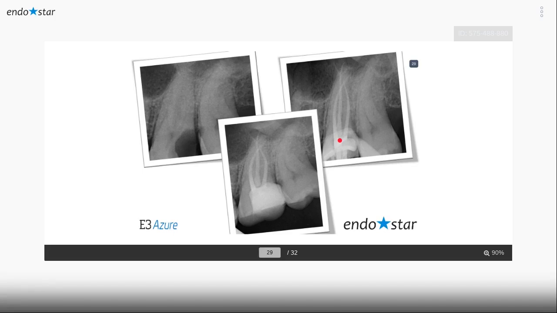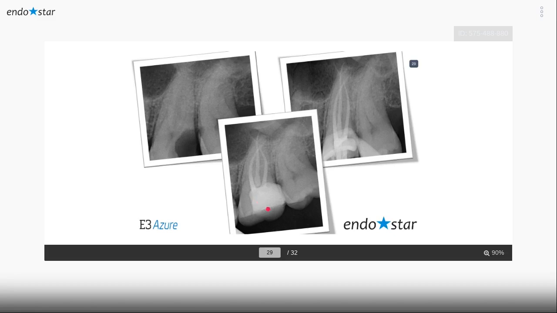The sodium hypochlorite becomes very effective when you change the freshness of the sodium hypochlorite inside your canal. I don't leave it for a long time, 15 minutes, and not change. No, I have to clean it with saline, remove the debris, put fresh sodium hypochlorite back again. Then I return again with 35 taper 4 and I finish my case.